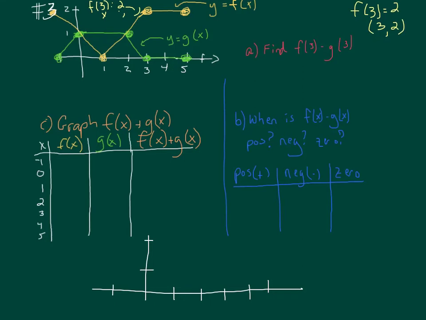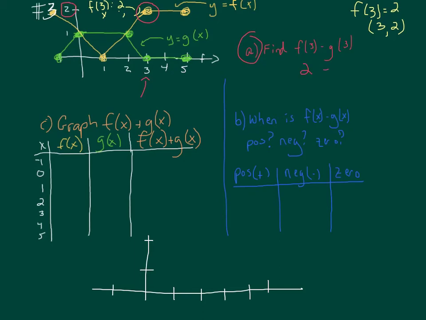That's going to really help you in this problem. Okay, what I want you to do in part A, up there in red, is find f of 3. That means my input's 3 right here, and I want the f, that'd be the yellow one. Oh, that's right there. The y value is 2. So f of 3 is 2 minus g of 3.